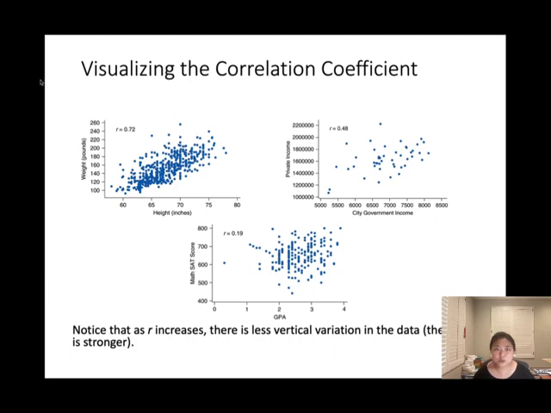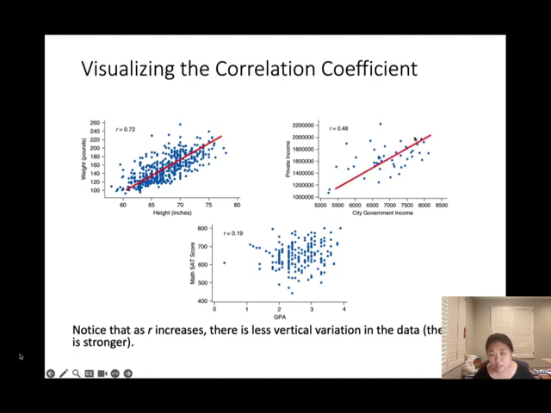Look at these three examples. You can see R equal to 0.72, which is really close to positive one. When I draw the straight line here, most of the data is around the straight line. In this one, R equal to 0.48, which you could think of as closer to 0.